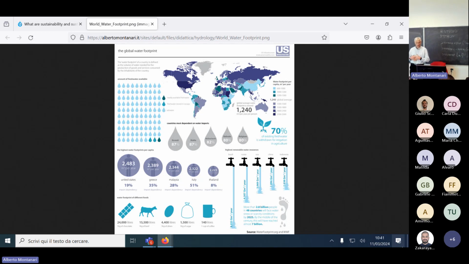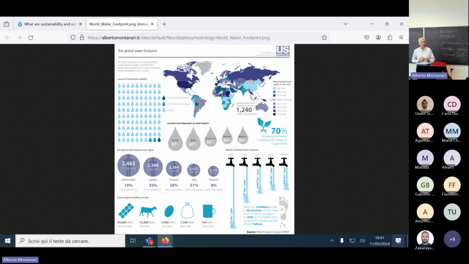And you can see the resulting map, okay? In dark blue, you see the countries with the largest use of water and water footprint. And with the light blue, you see the countries with the lower use. And you can clearly recognize that there is a disparity.